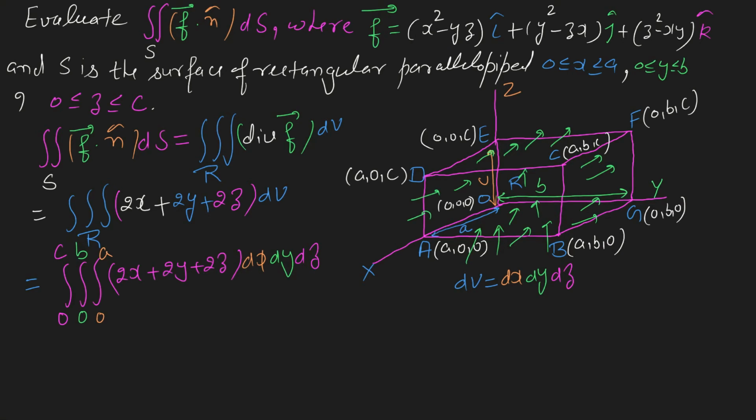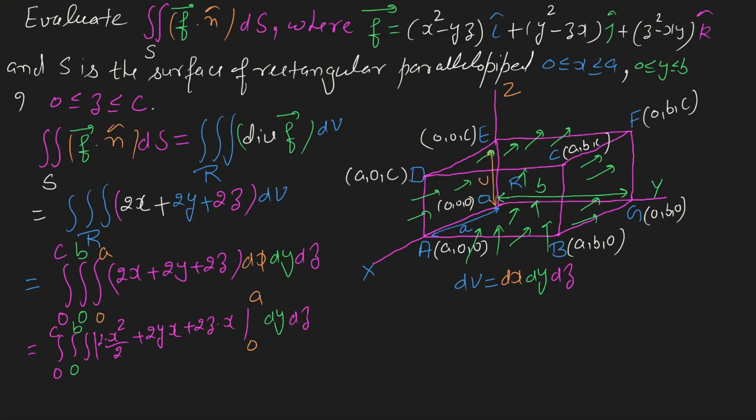So this integration will be equal to x square by 2, here is 2, plus 2 is constant, y is constant, and the integration of 1 is x, and limit is from 0 to a, and here will be dy, limit from 0 to b, and here dz, limit from 0 to c.